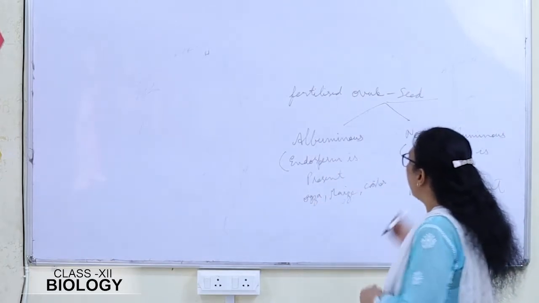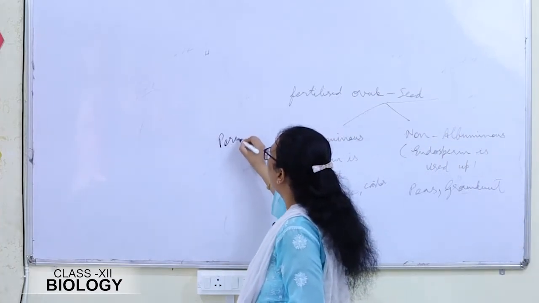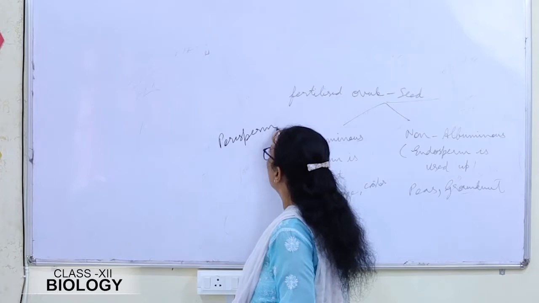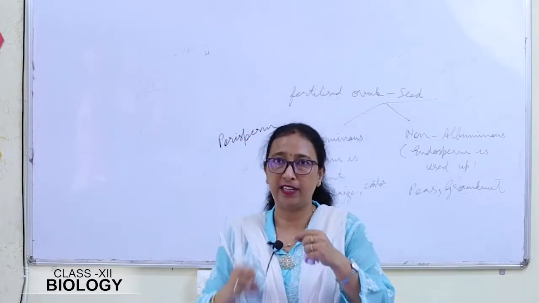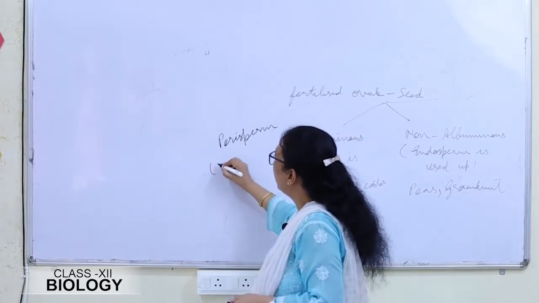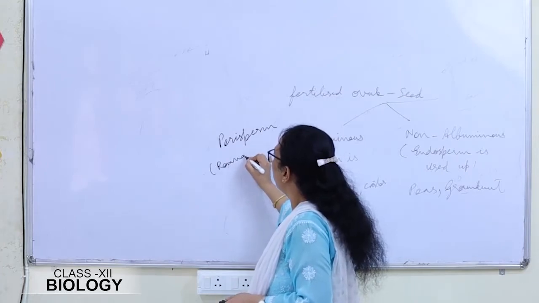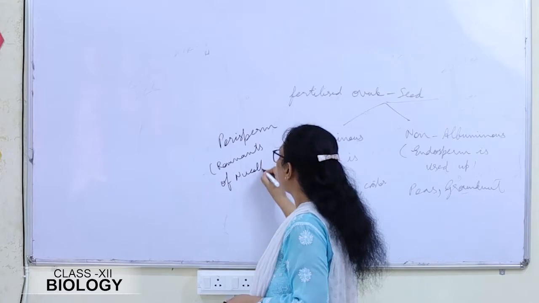Then sometimes perisperm is also persistent in some plants. It will remain persistent. What is perisperm? Remnants of the nucellus.